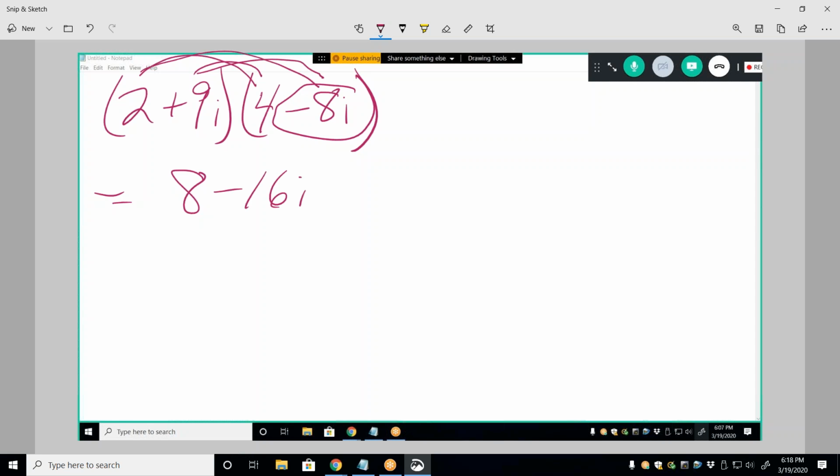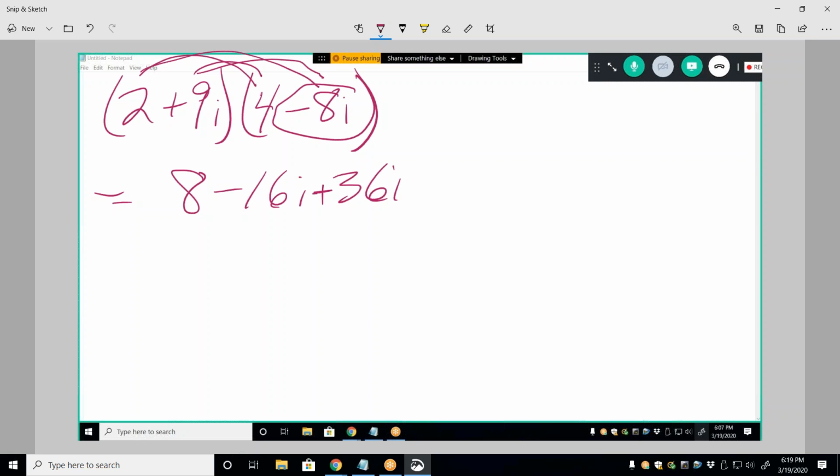What do you get when you do the inside? 36i. You need a sign in front of it. If I just write 36i, that doesn't have any meaning. It's plus 36i. It's part of a polynomial or trinomial, and we need the sign in front of every term except the first one.